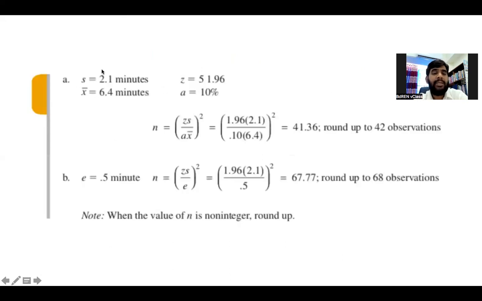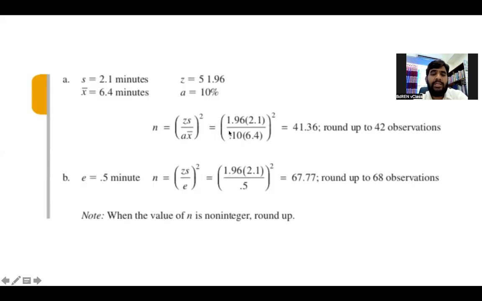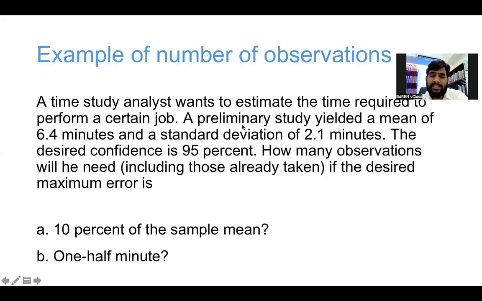Here, the formula is ZS divided by A X bar, whole square. Z depends on your confidence level. Your confidence level is 95%, so the value of Z is 1.96.